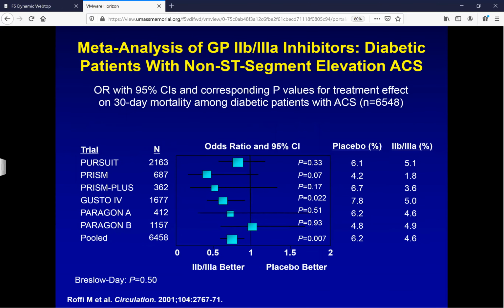And we found that GP2B3A inhibitors did very well in patients with diabetes and non-ST elevation MI. So in that phase of cardiology, I still remember people were getting a lot of these GP2B3A inhibitors, and then they were having brain bleeds because of that. As you can see, the meta-analysis showed that it's better compared to placebo.